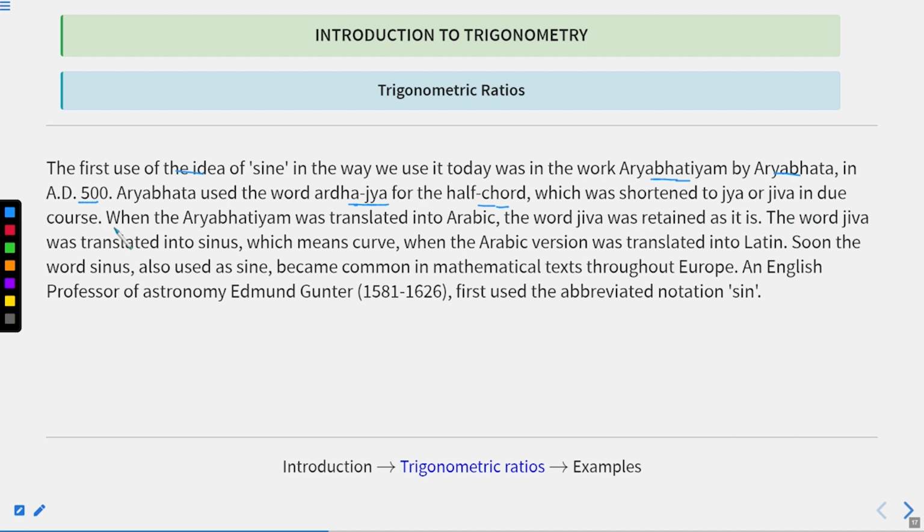When the Aryabhatiya was translated into Arabic, the word jiva was written as it is, and then it was translated into sinus, which means curve. When the Arabic version was translated into Latin, the word sinus, also used as sine, became common in mathematical texts throughout Europe. An English professor of astronomy, Edmund Gunter, first used the abbreviated notation sin.